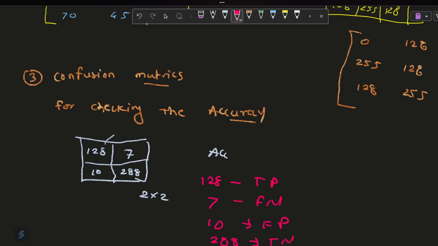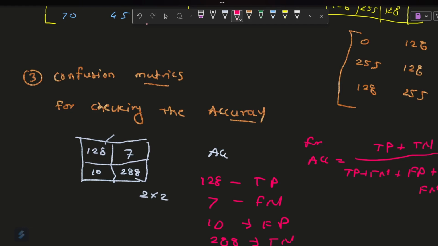The formula for accuracy is true positive plus true negative, divided by true positive plus true negative plus false positive plus false negative. That is the formula for accuracy.